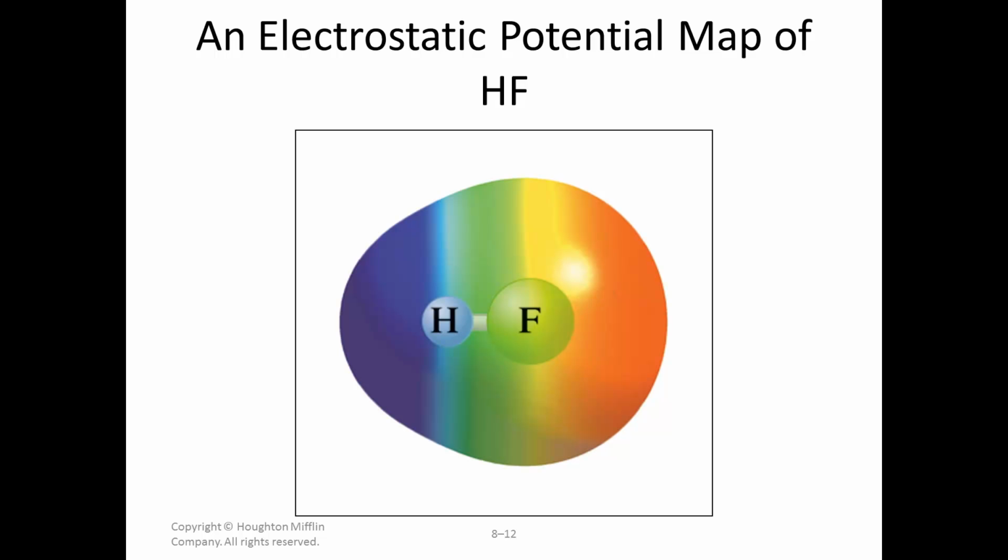Because of this electronegativity difference, we have a lot of electron density built up on one side of our molecule and very little electron density on the other, which creates a dipole moment where we have one pole of negative charge and one pole of positive charge.